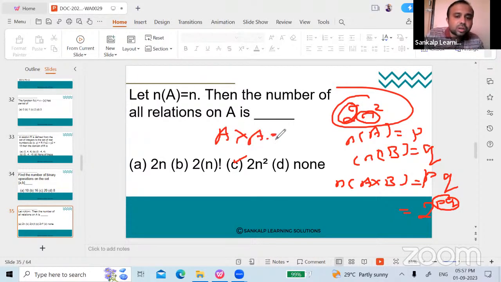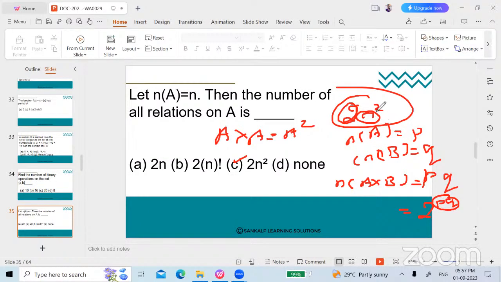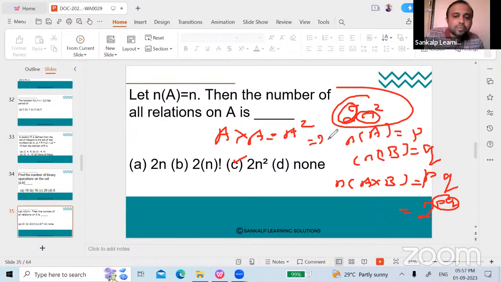A into A is nothing but A square, correct? So the same thing happens here. Instead of PQ, it is A on A only. A on B is not given. I hope you are understanding.